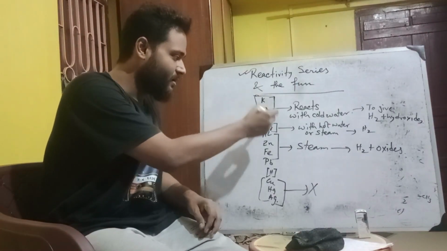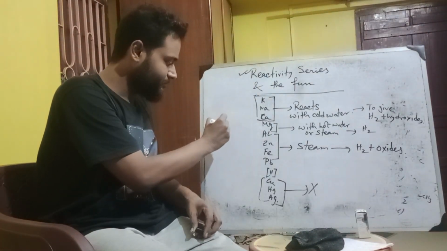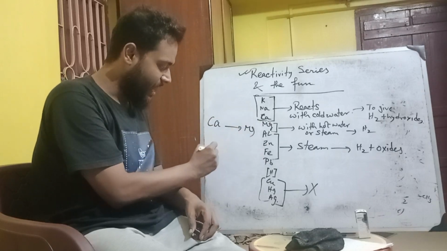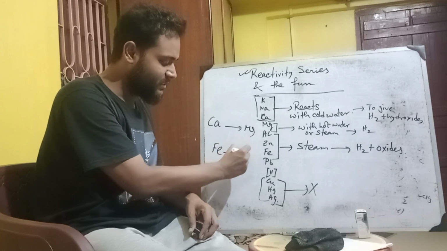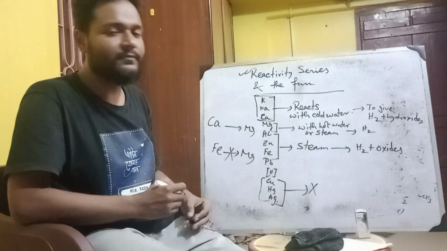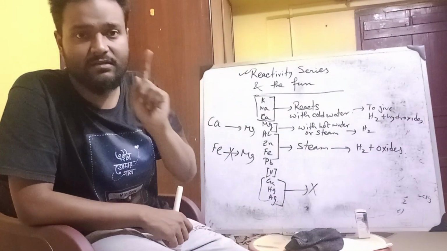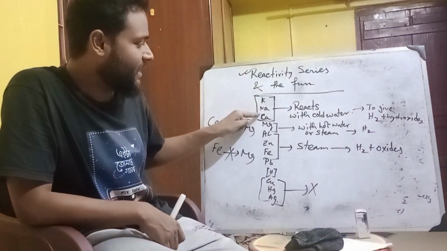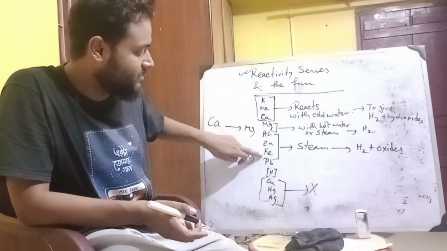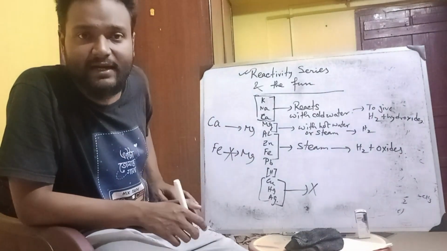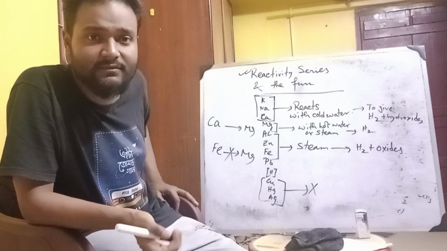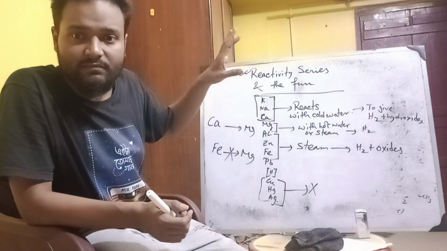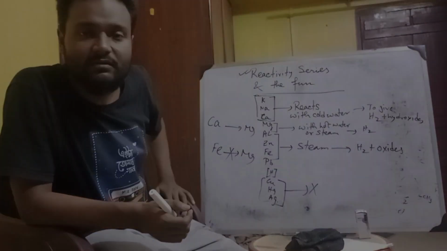That is, calcium can displace magnesium from its salt solution, but iron cannot displace magnesium because iron is less reactive than magnesium. So basically these are the fun facts of the reactivity series.